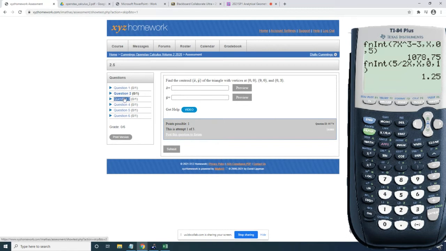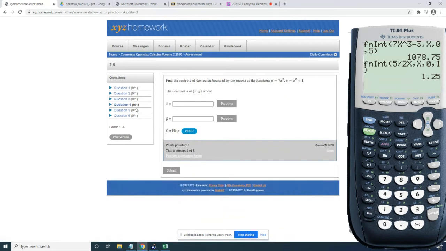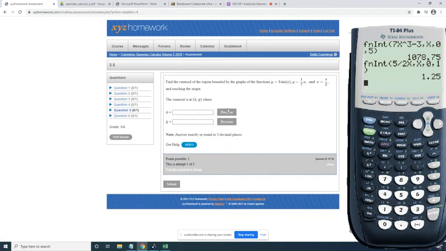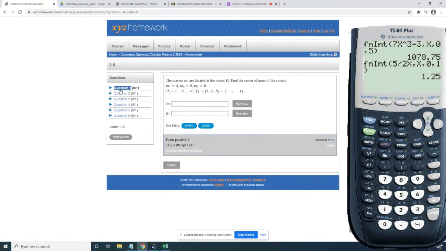For problem number 3, notice that I am given an equation. For problem number 4, I'm given an equation. For problem 5 and problem 6, we're given equations. So the way that we attempt to answer the first problem is different from problems 2 through 6.